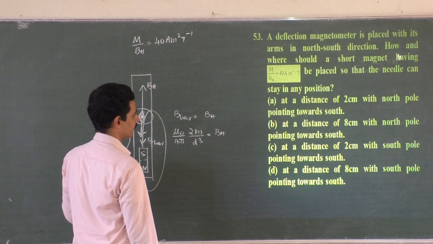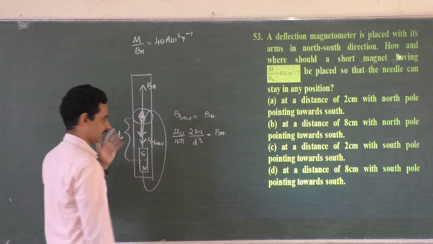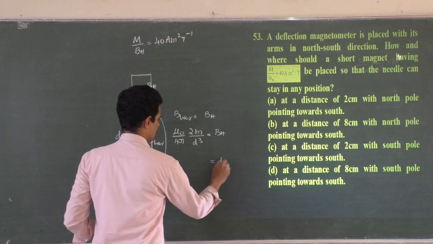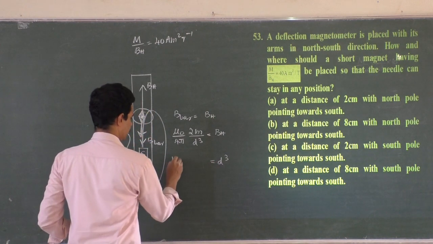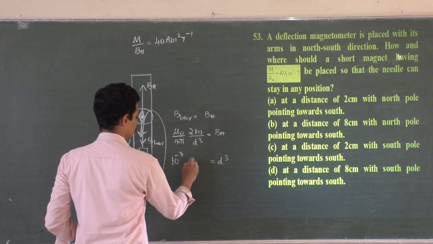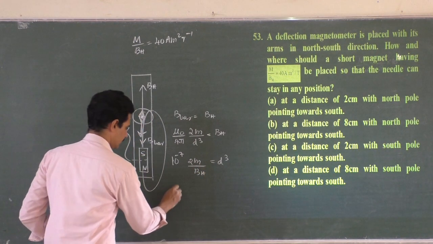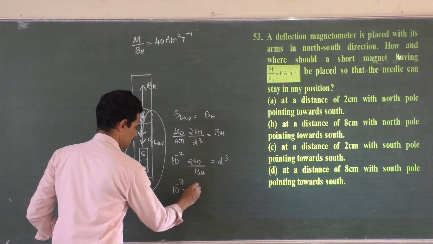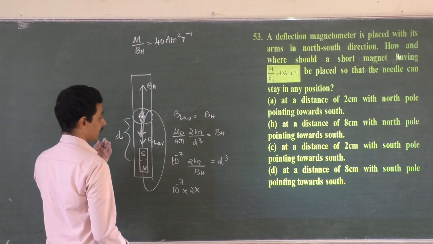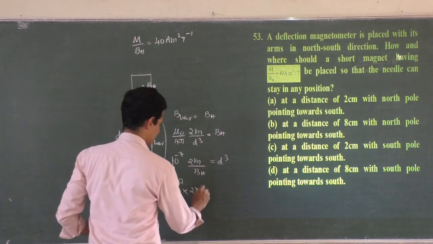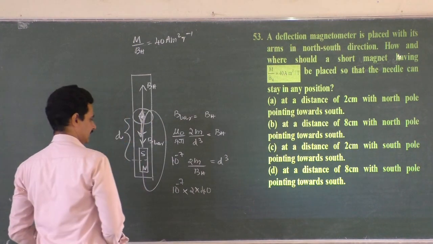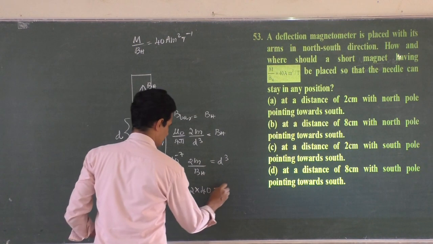They are asking at what distance, and the south pole should be kept, that we know. d cube is equal to mu naught by 4 pi into 2m by BH. So substitute this: 10 to the power minus 7 into 2 into magnetic moment by BH, which is given as 40, is equal to d cube.